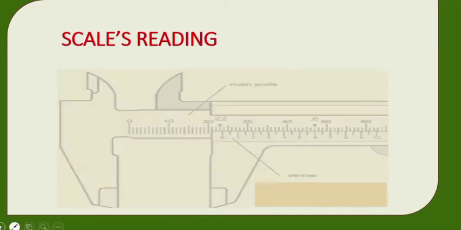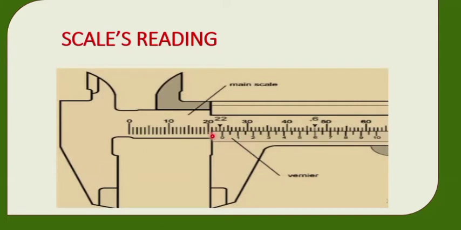Let's take a reading from this figure. Here the main scale reading is 22 millimeter just before the zero of the vernier scale, which is equal to 2.2 centimeter. The vernier scale reading is 6 divisions, because we observe that 6 divisions of the vernier scale coincide with the main scale.